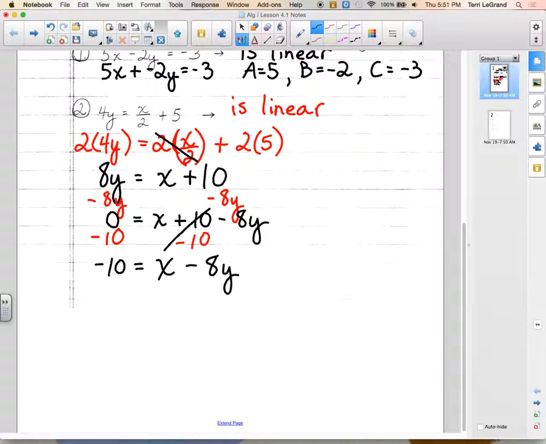So again, this is in standard form. It just might not look quite like standard form because the c is on the left instead of the right. So we'll just have those two expressions trade sides. We'll have the x minus the 8y move to the left side, and the negative 10 move to the right side. They're just trading sides. They're equal to each other, so it doesn't matter who's on which side.